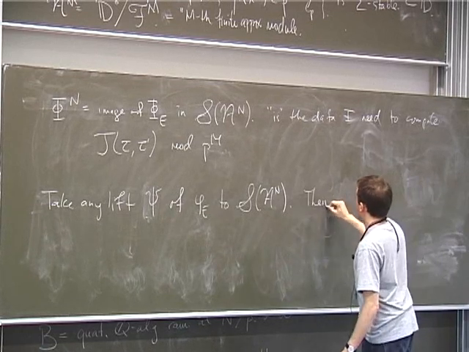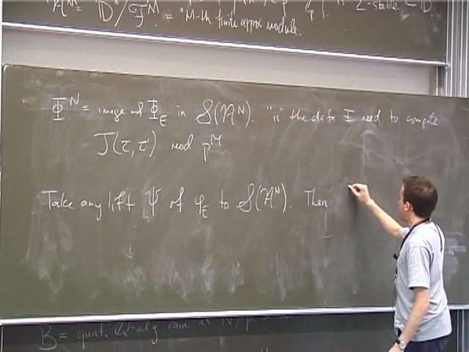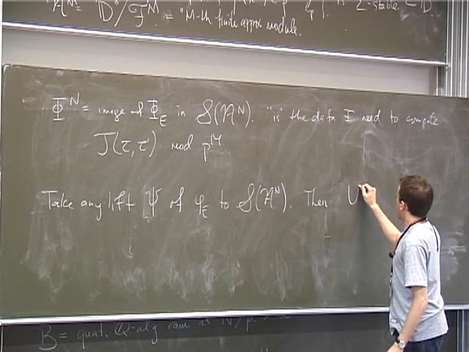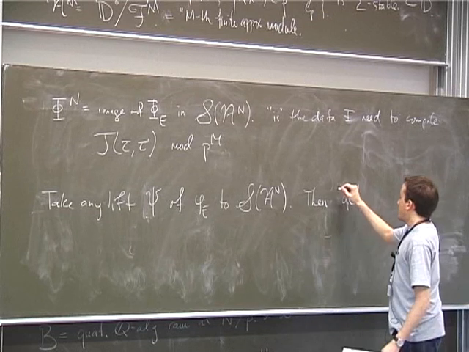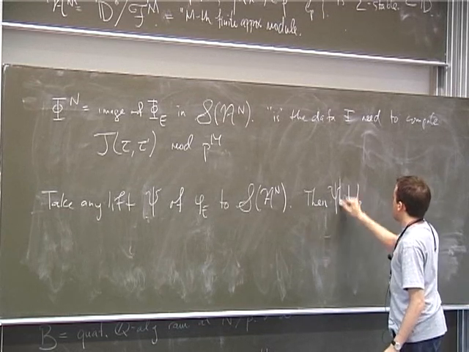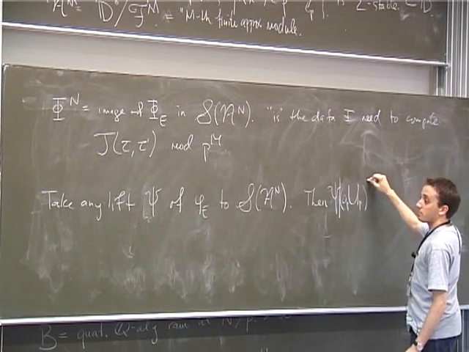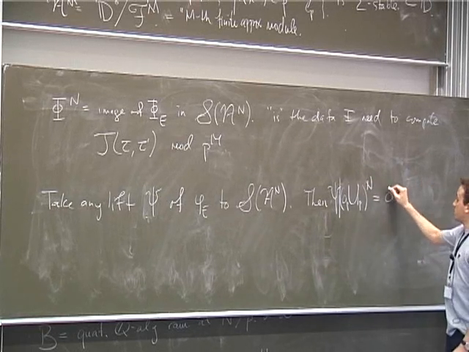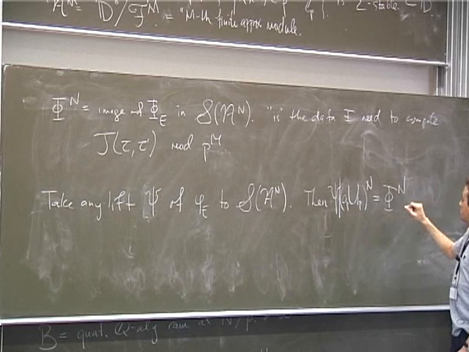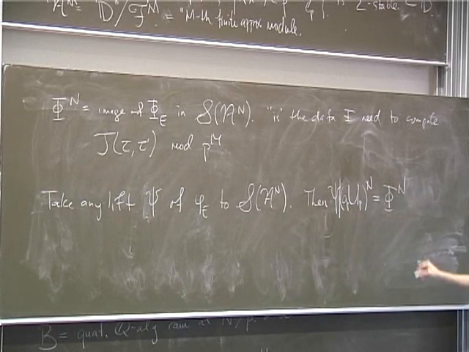Then if you look at the U_p operator and apply it to phi n times, you get what you want.